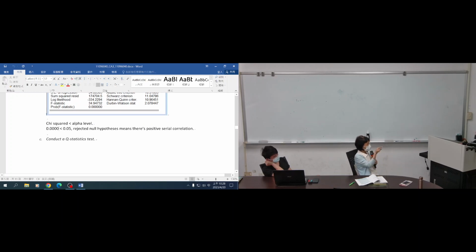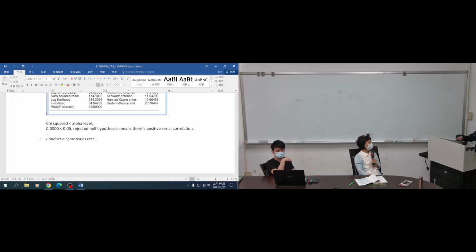Since this is the LM test, it is two-sided, so the conclusion will be that there is serial correlation. We know that this is positive, but the conclusion just says serial correlation exists, either positive or negative.